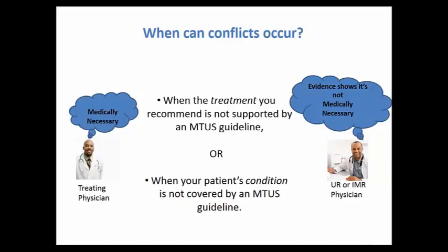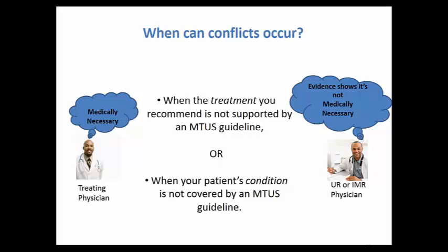However, things get a little more complicated when there are conflicting recommendations that could potentially guide your patient's care. Conflicting recommendations can occur when, one, recommendations in the MTUS guidelines do not support your desired treatment plan, and you've searched the medical literature and cited recommendations found outside of the MTUS.